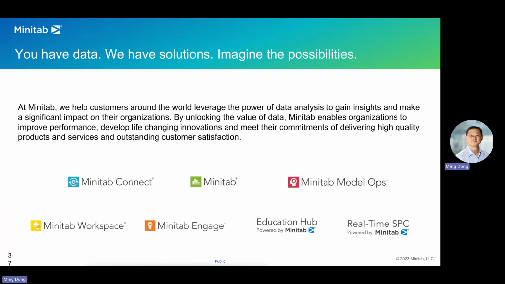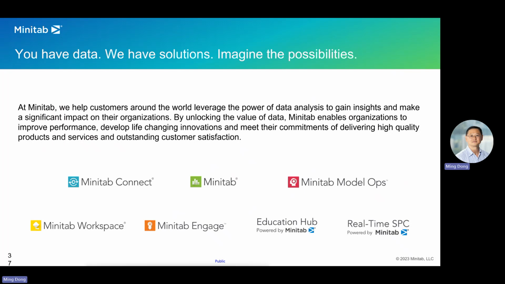Here is a quick overview of Minitab products. We have Minitab, statistical analysis tools. We also have Connect, which can ingest various data from various data sources, and it's a cloud-based product. When we bring data into one location, we can combine it, cleanse it, and get the data ready in the right format for Minitab analysis.